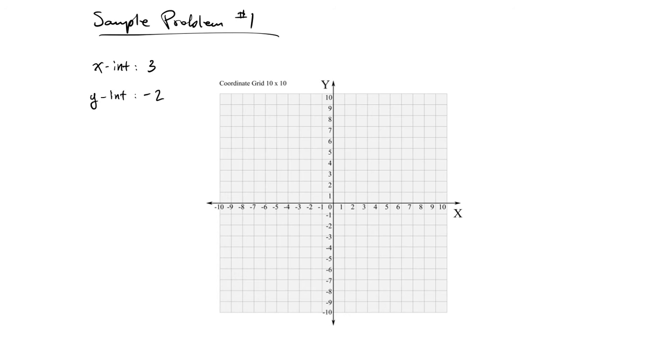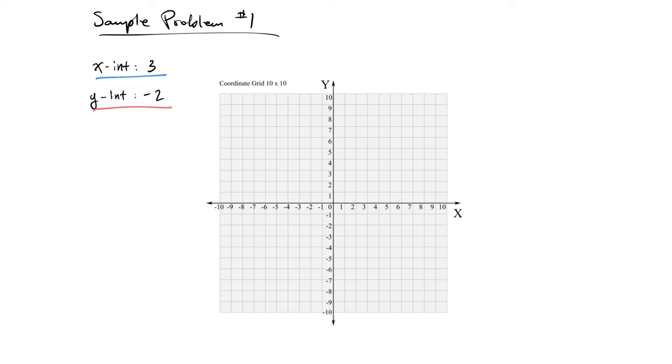So let's graph. I'm going to try and cheat and draw a super straight line. We'll see how that works. Our first sample problem, you should be writing every single sample problem down in your notes and circling it if you have questions, or writing a question in your notes. So here we have an x-intercept of 3 and a y-intercept of negative 2.